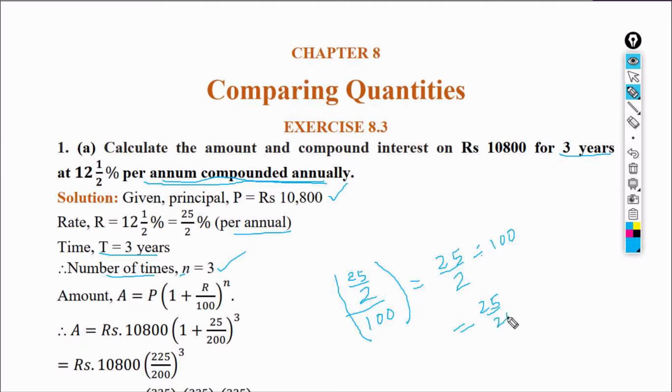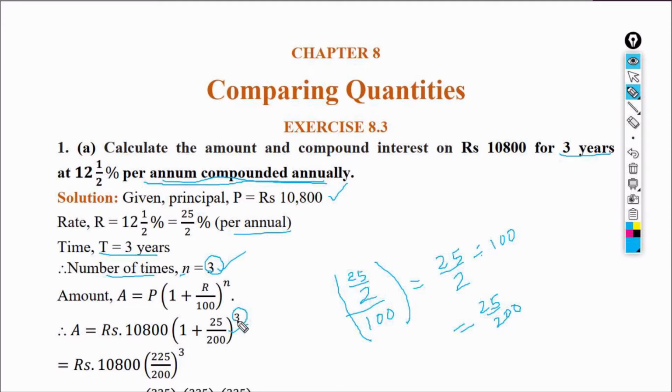Just I have written here 25 by 200, and put these values in the formula. A equals rupees 10,800, 1 plus 25 by 200, and here the number of times is 3, so put 3.